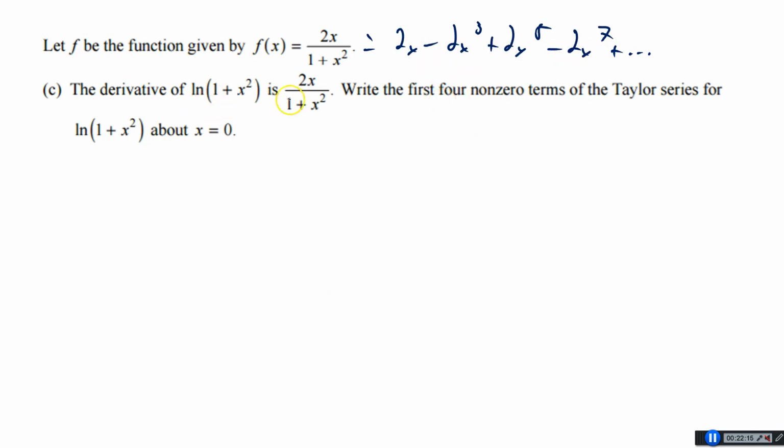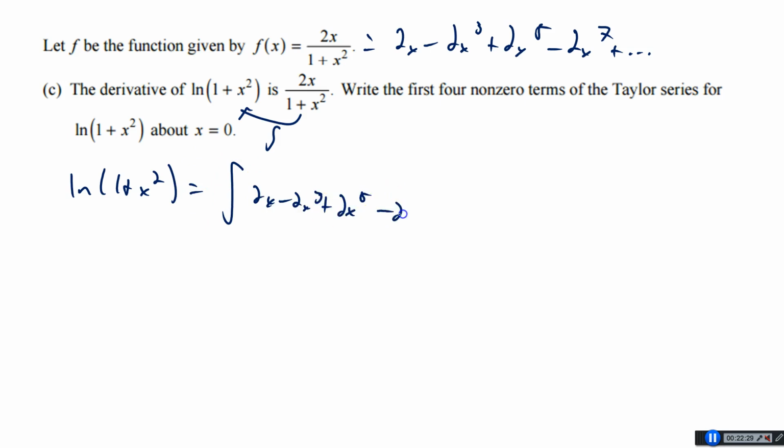So if the derivative of natural log is this, to get from here to here, I would have to integrate, right? So natural log of 1 plus x squared will be equal to the antiderivative of 2x minus 2x cubed plus 2x to the 5th minus 2x to the 7th, etc. That is just x squared minus 2x to the 4th over 4 plus 2x to the 6th over 6 minus 2x to the 8th over 8, etc. They want 4: 1, 2, 3, 4.